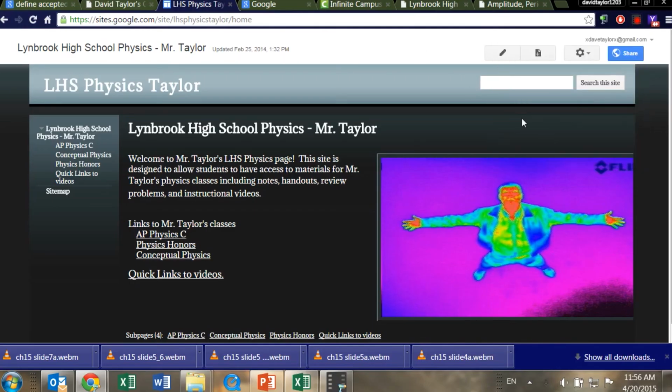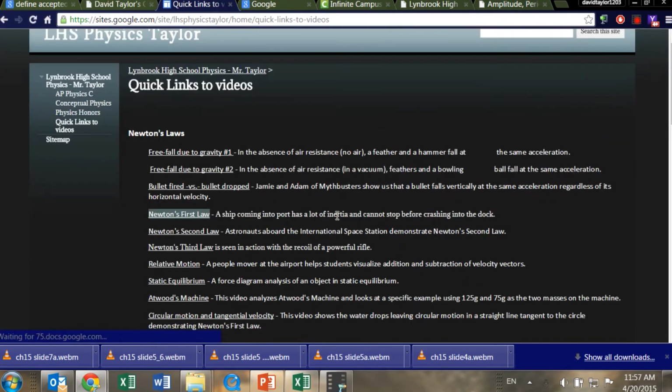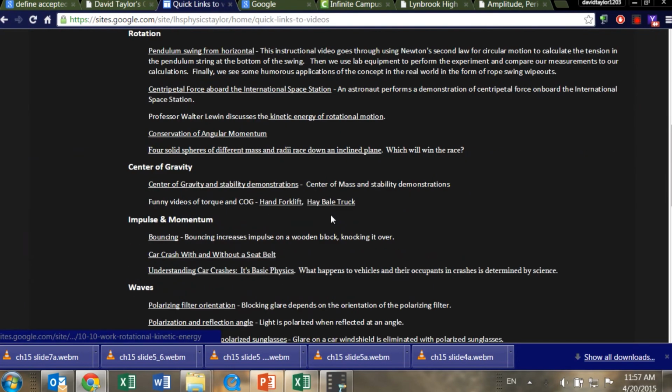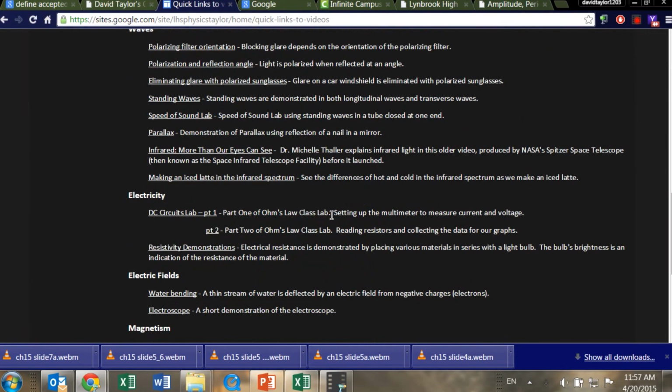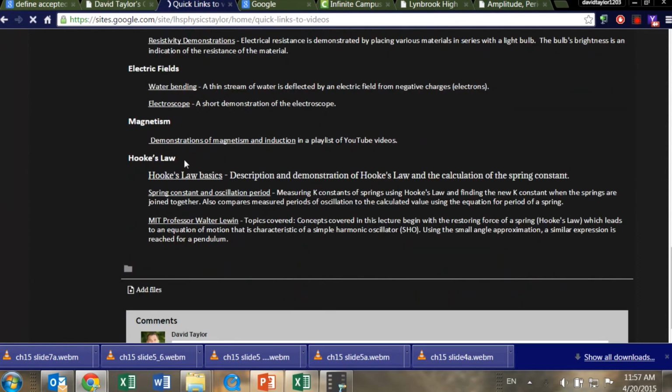All right, and here is my LHS Physics Taylor website. If you want to see an experiment that proves this equation for the period of an oscillating spring, go here, quick links to videos on the left side. Click on that and scroll down to the last section that says Hooke's law, and right here, spring constant and oscillation period.